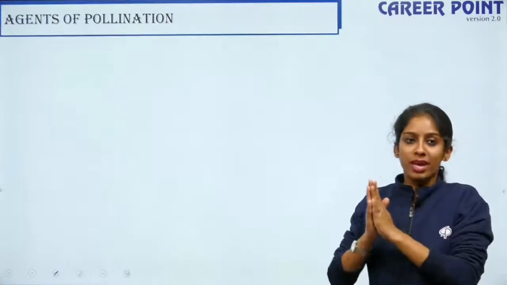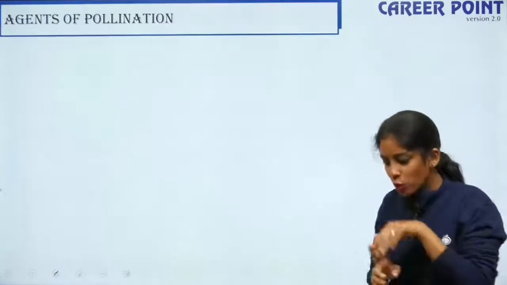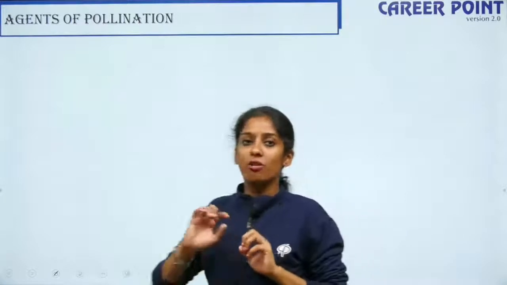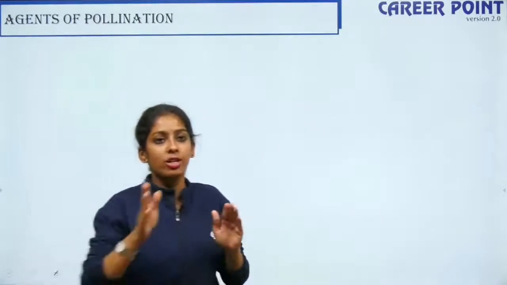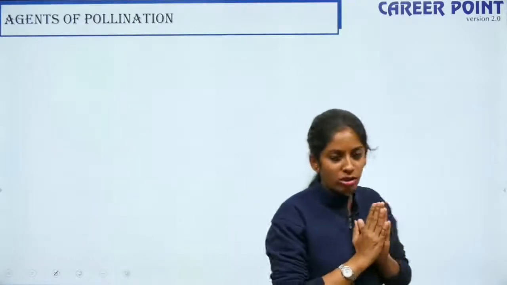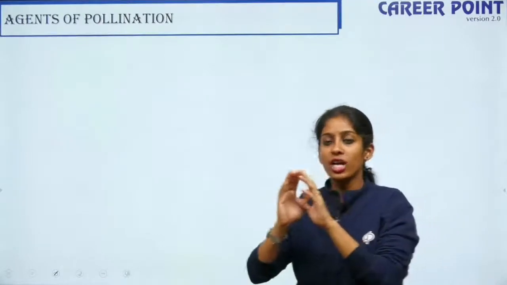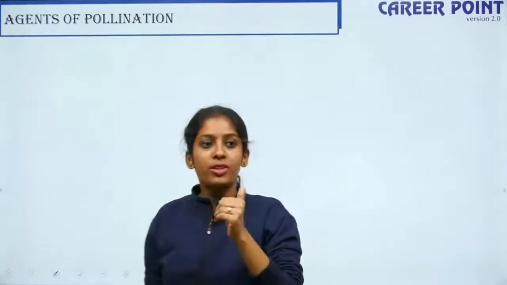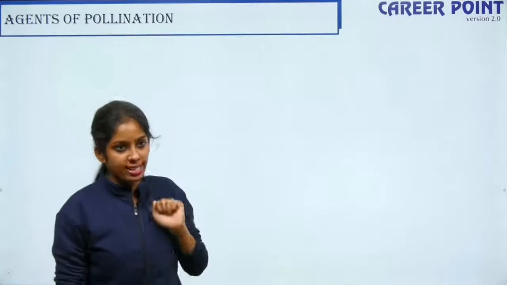So we are done with the male and the female reproductive part. We understood how your male gamete and your female gamete is produced, and then we entered into what is called pollination. Under pollination we are talking about the different types, that is autogamy, geitonogamy and xenogamy.